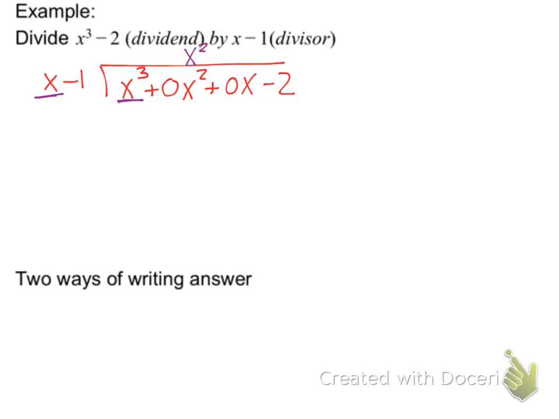Okay? Make sure we're doing that. Step 4 says take that answer and multiply it to the divisor. x times x squared is x cubed. And x times negative 1 is negative x squared.